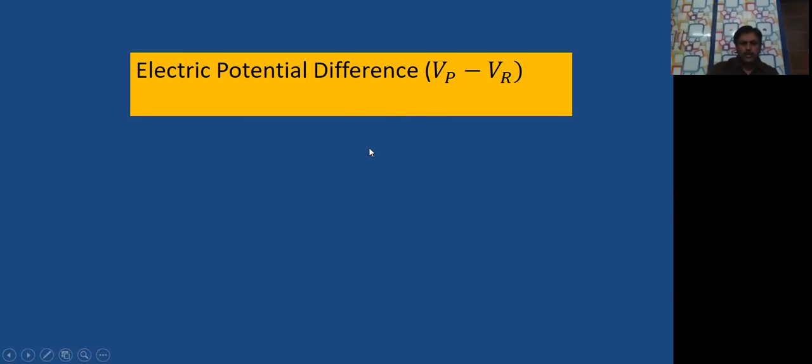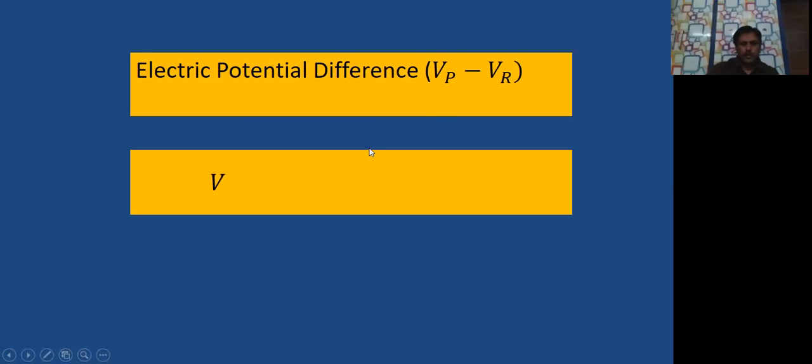Let us try to understand. So Vp minus Vr is actually equal to Up minus Ur by Q. By Q, that means the difference in potential energy per charge. That is the potential difference.